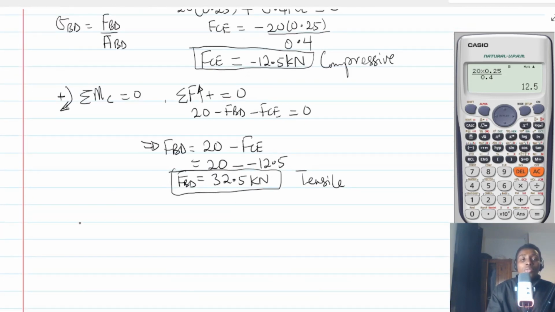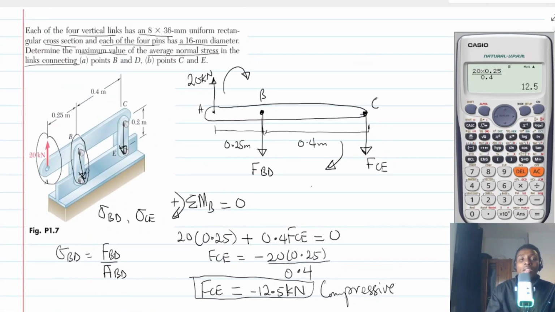Finding the stress in BD is going to be FBD divided by the area of BD. What is the area? Let me go back and look at the question again.